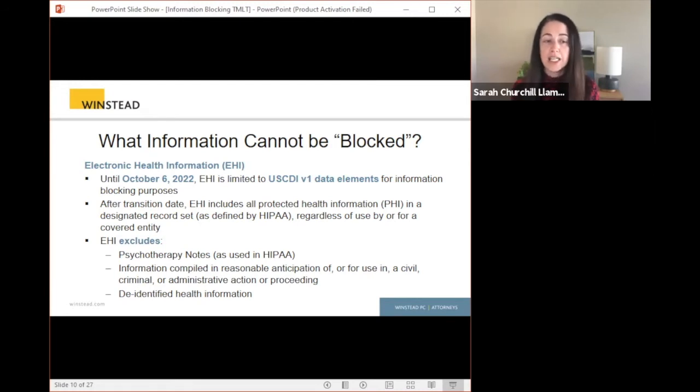So EHI does not include psychotherapy notes, just like in HIPAA, information compiled in reasonable anticipation of litigation or administrative actions, or de-identified health information.